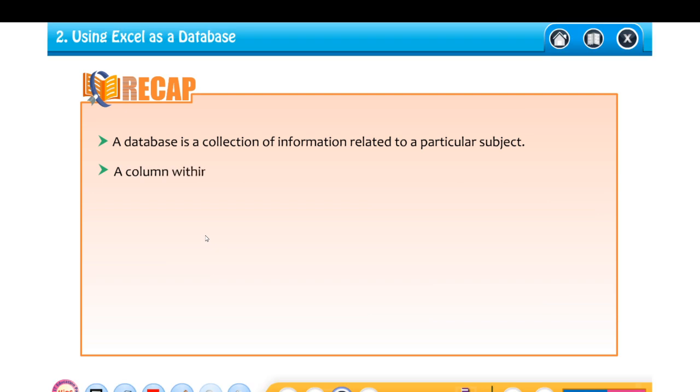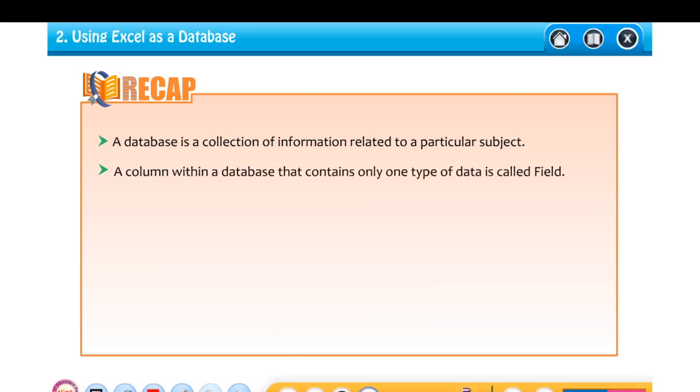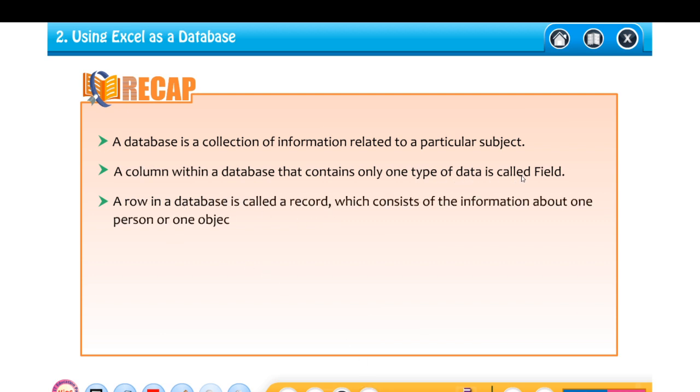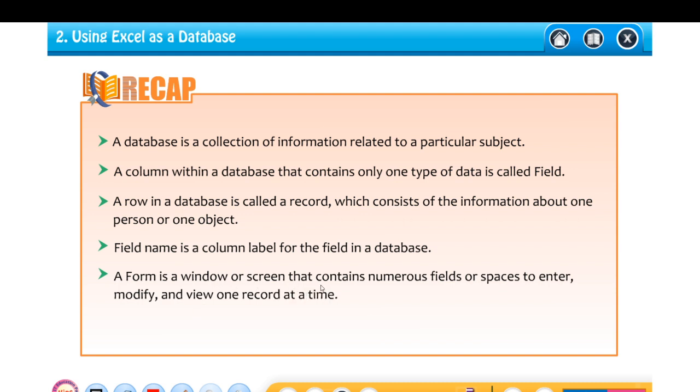Database definition: what is a column, what is a row? A row is a record, and a column contains the fields. Children, a column contains only one type of information. The column label is called the field name. What is a form? A form is a window or screen that contains numerous fields.